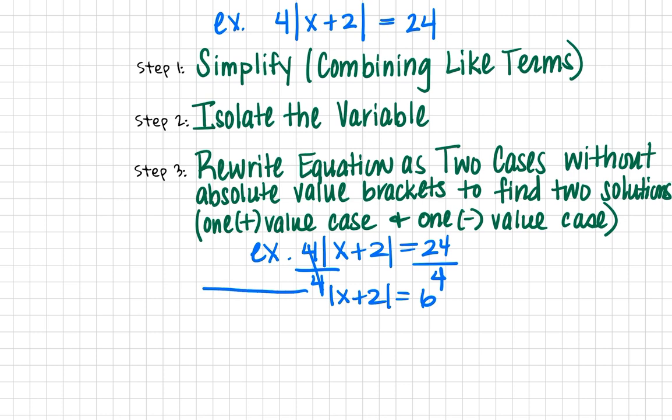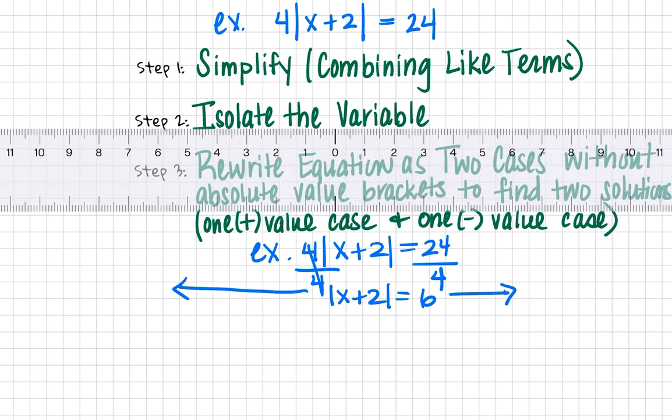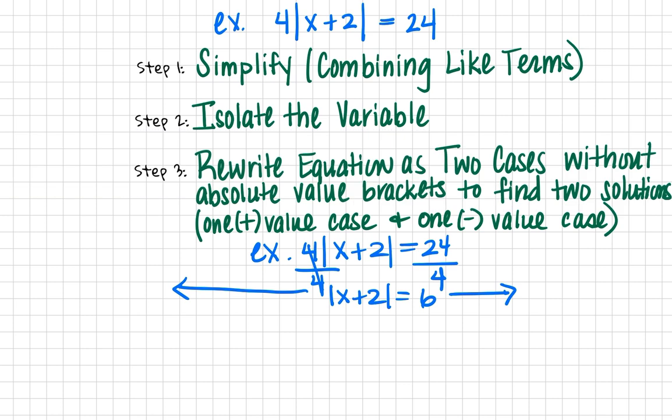Now I'm going to rewrite them because I've isolated the variable as much as I can, only isolating what's outside, not on the inside of the brackets. So I'm going to rewrite the equation as two cases without absolute value brackets.